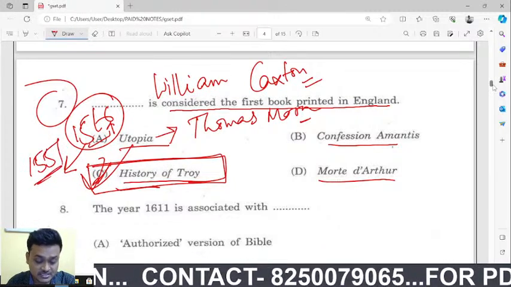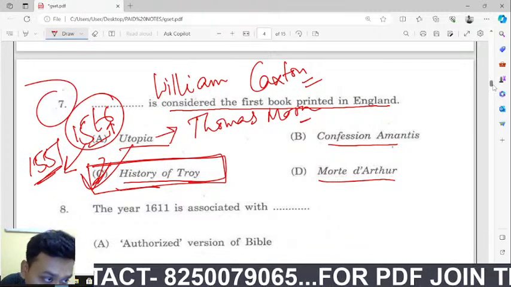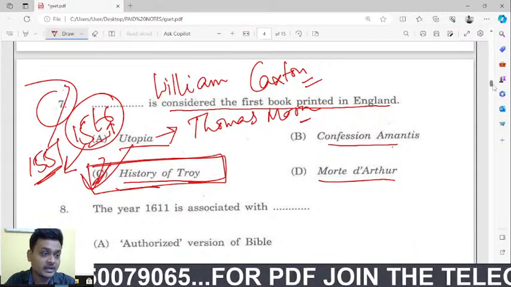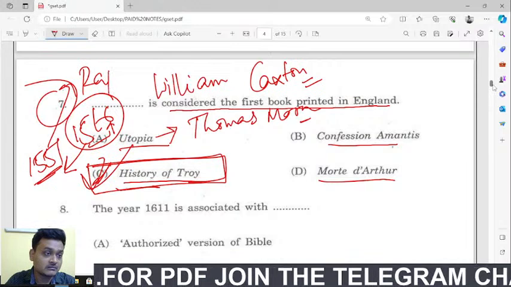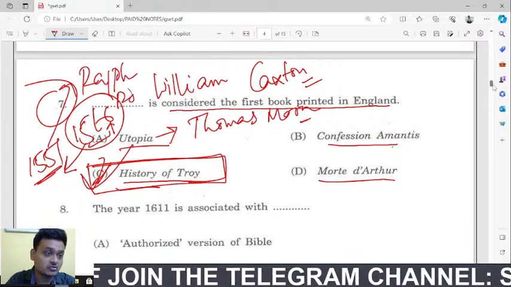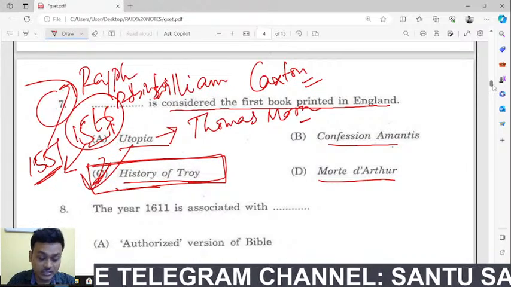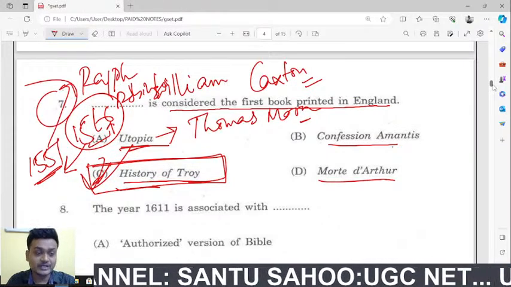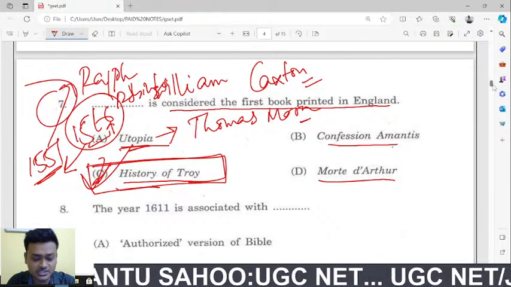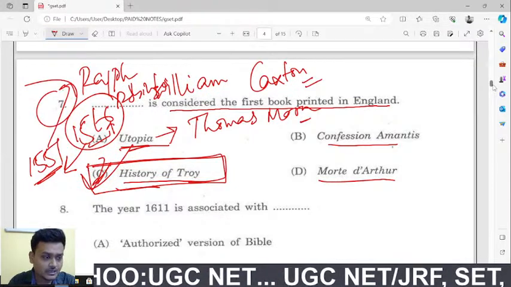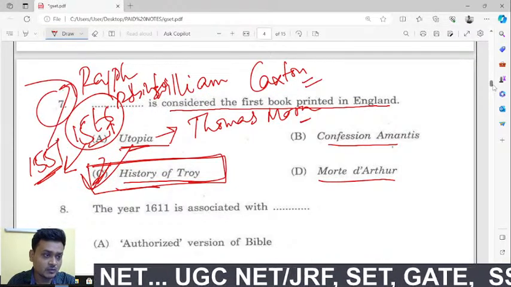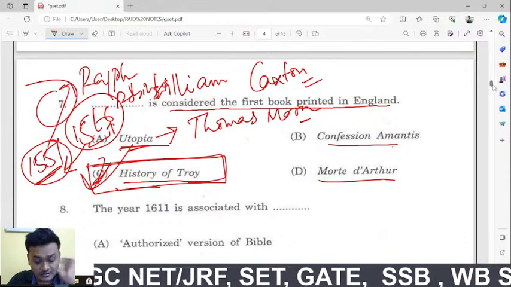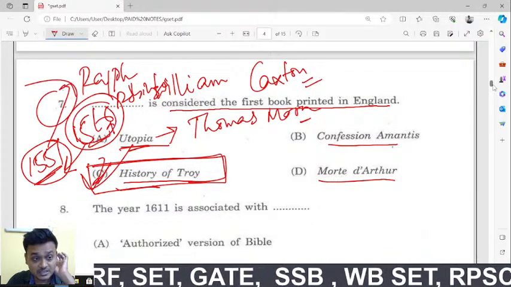It was translated into English in 1551 by Ralph Robinson. Remember that it was Ralph Robinson who translated this work into English. In Utopia we find the character of Raphael Hythloday. So 1551 is the English translation and 1516 is the original work.